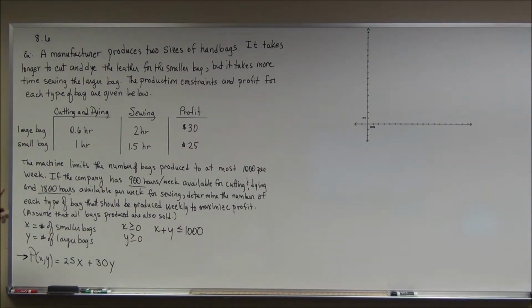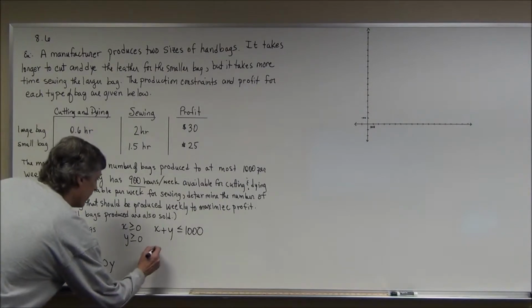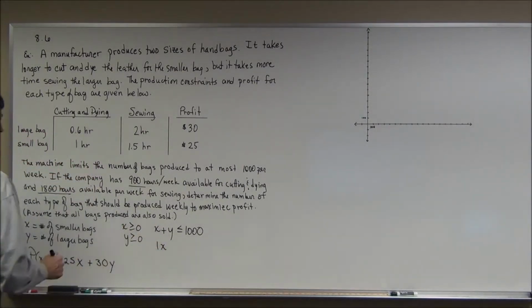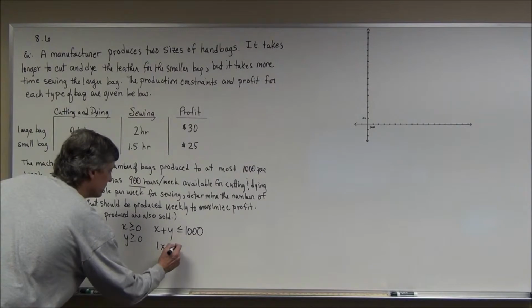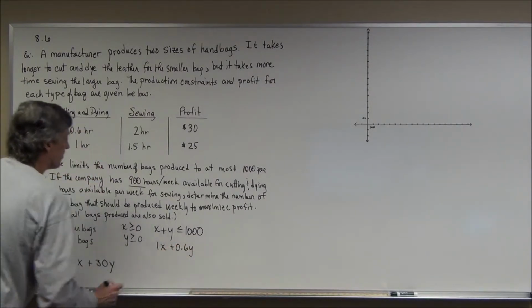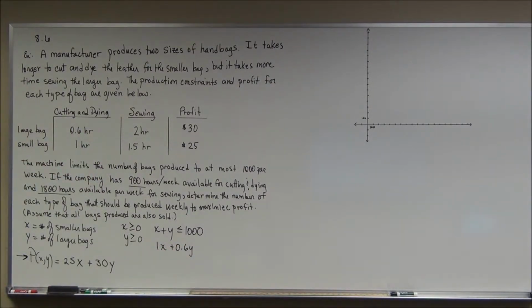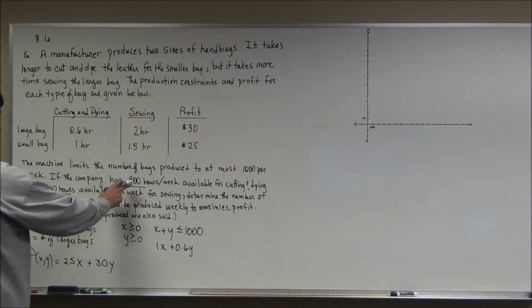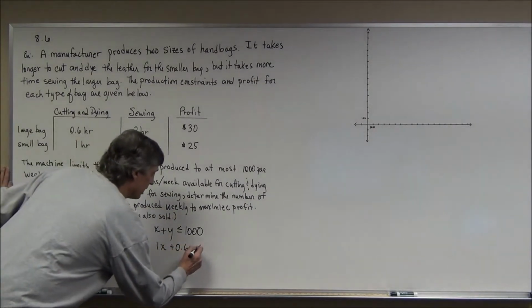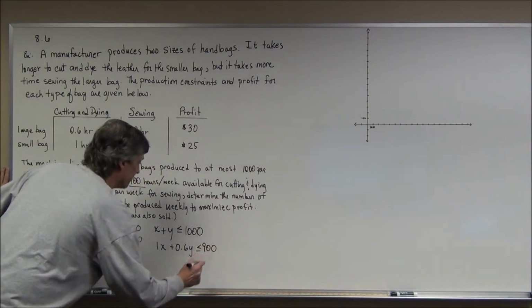So if I have X small bags and Y large bags, each small bag is multiplied times 1 hour for cutting and dyeing, and each large bag is times 0.6 hours for cutting and dyeing. So I'm going to have 1X, which I don't really need the 1, I'm just putting that for emphasis, plus 0.6 times the number of the larger bags, and this is for the cutting and dyeing, and this can be, let's see, 900 hours available, so it has to be less than or equal to 900 hours.